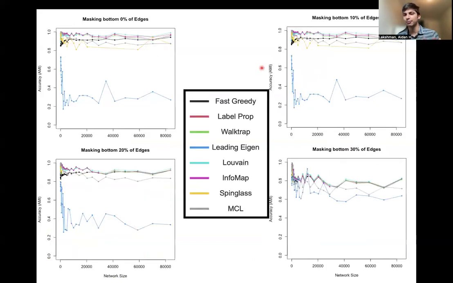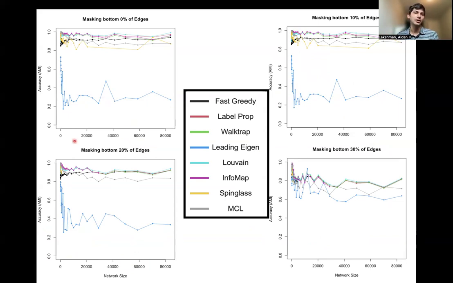So we ran a lot of benchmarks. I do have a time limit, so I'm not going to go super in depth on them. But in short, we varied the number of nodes, we varied the number of edges, we varied the distribution of weights among them, and we varied at what level we would collapse those lower weighted edges to 0.